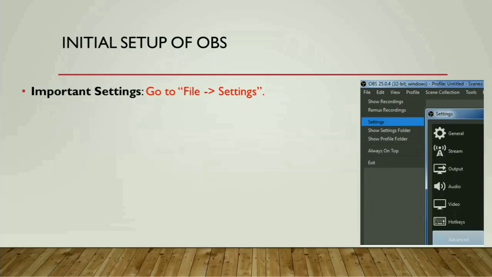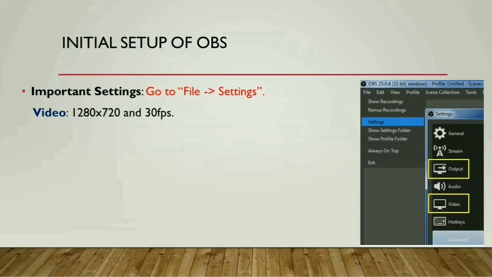That is General, Stream, Output, Audio, Video, Hotkeys and Advanced. So let's see the first, video. Choose the video size resolution as 1280 by 720 and FPS as 30 FPS, which is the standard one.